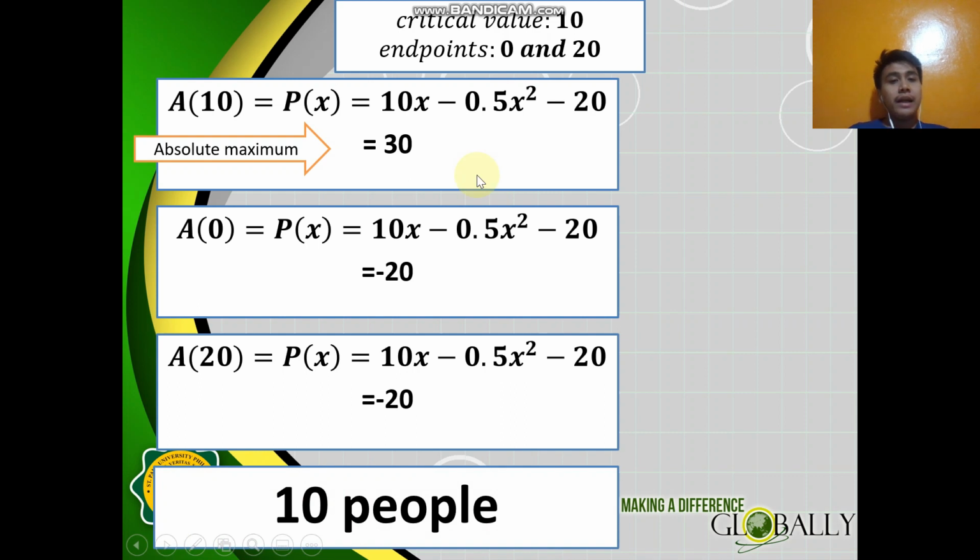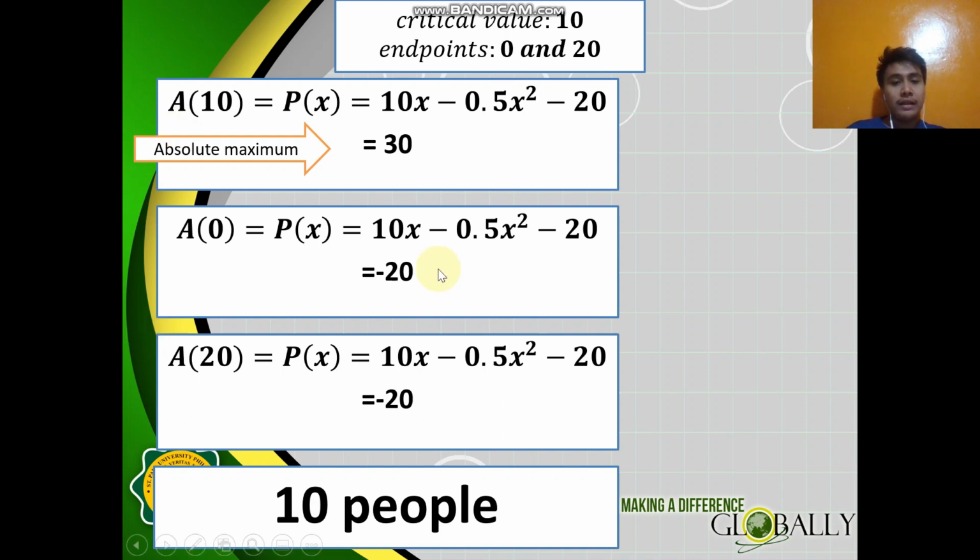In the problem, Russell is looking for the absolute maximum, which is 30, that occurs at 10. The question is asking how many people Russell should load into the car to maximize his profit. So the answer is 10 people.